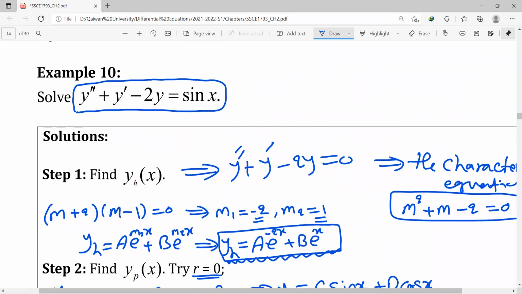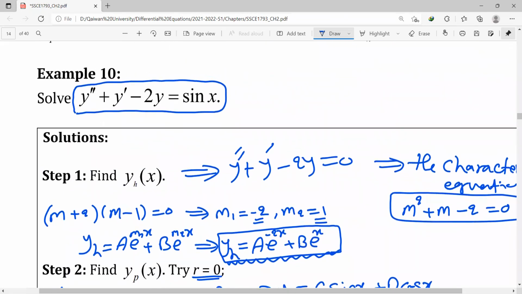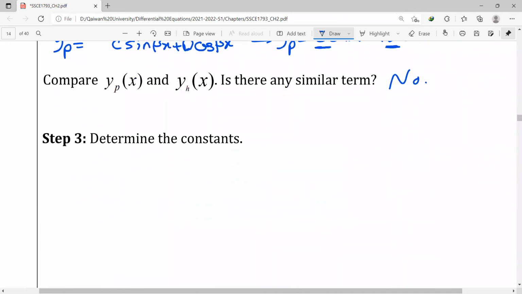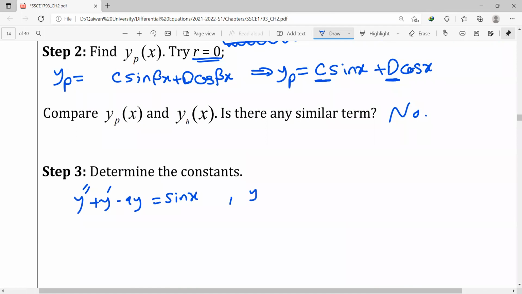From the differential equation. The differential equation is y double prime plus y prime minus 2y equals sine x. What we do, and we have yp equals c sine x plus d cosine x.